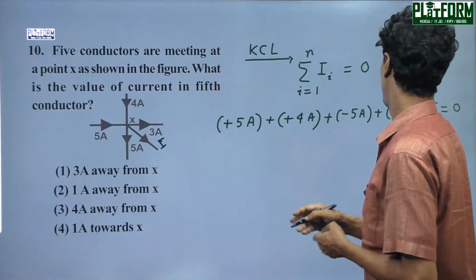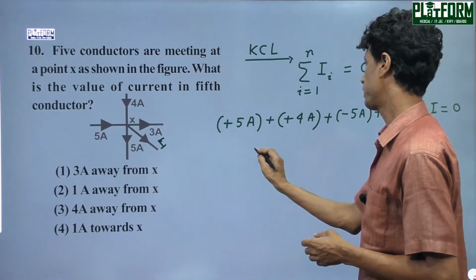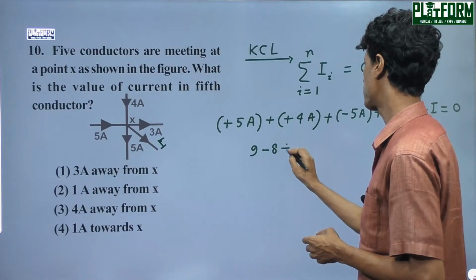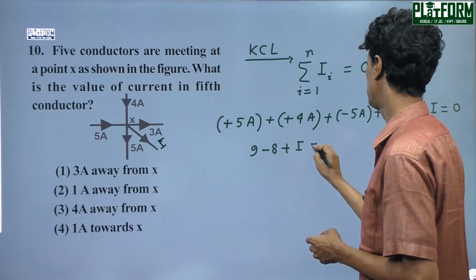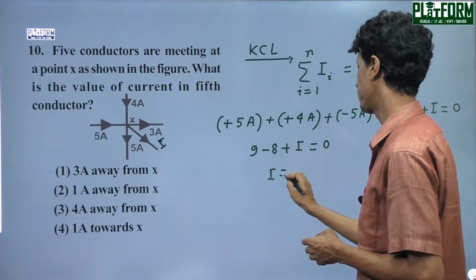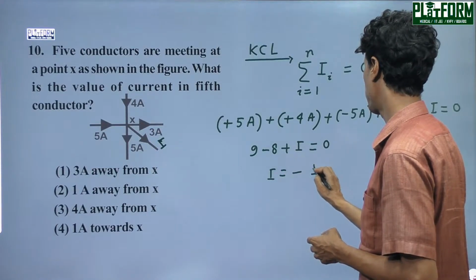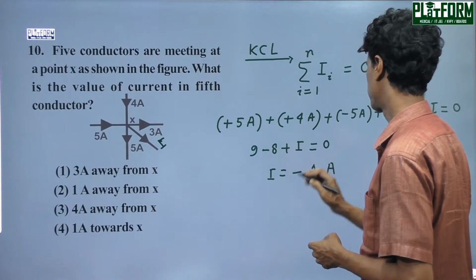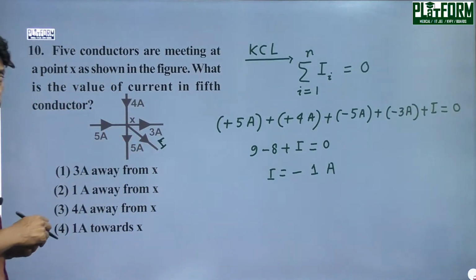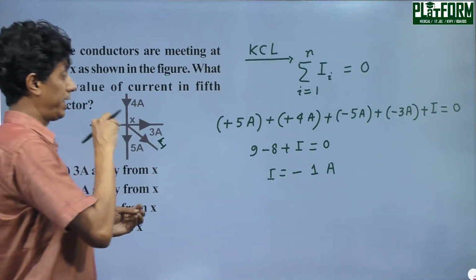Then 4 plus 5 is 9, minus 8 plus I equal to 0. I equal to minus 1 ampere. Minus means leaving the junction, plus means entering the junction.